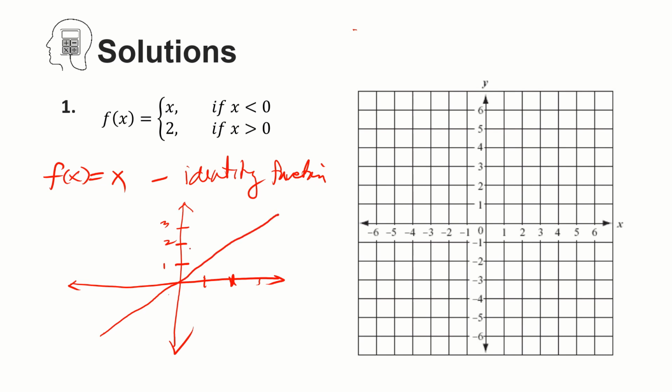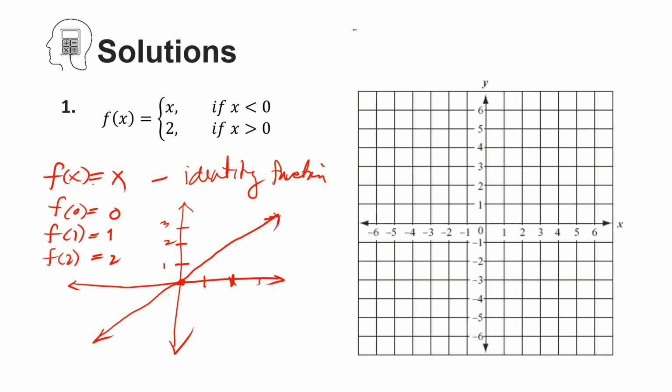Whatever is the value of your x, let's say for example 0, it is also the value of your y. So if it is 1, then the value of the function is also 1. If it is 2, then the value is also 2. So therefore we know that this is how the graph of an identity function looks like. So this is if our function is f of x is equal to x.